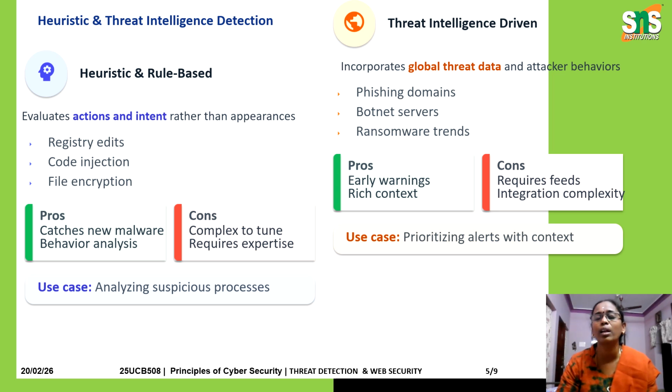Whereas threat intelligence driven detection incorporates global threat data and attacker behavior, such as phishing domains, botnet services and ransomware trends. These actions are performed to know the attacker's motive and benefits, and to prioritize alerts with context.